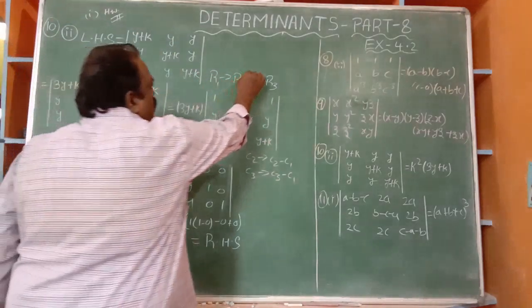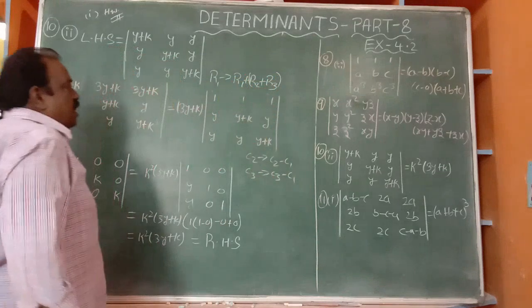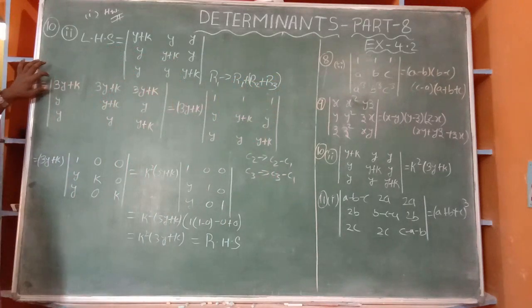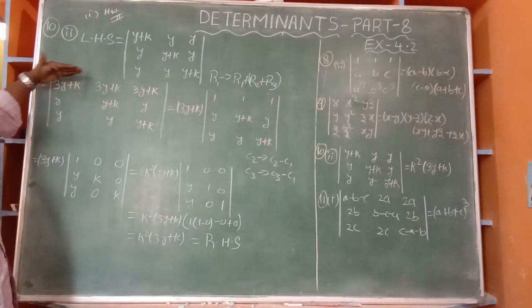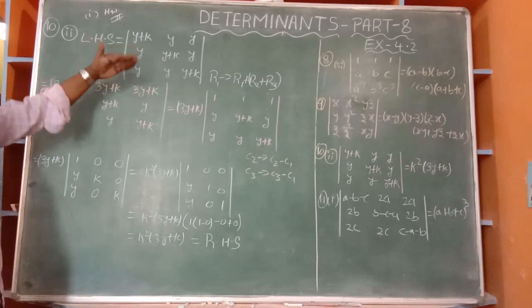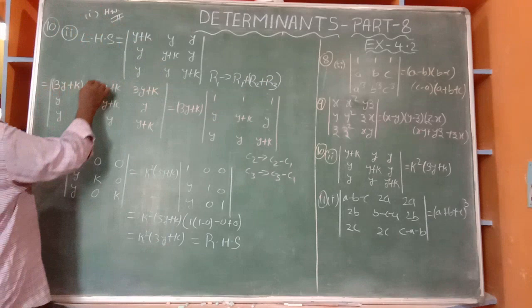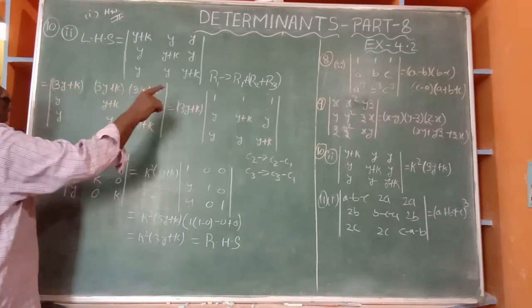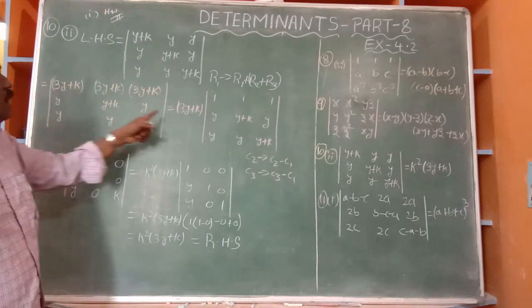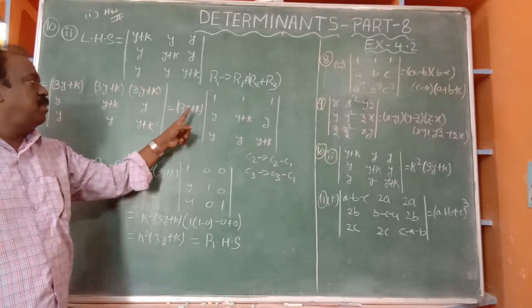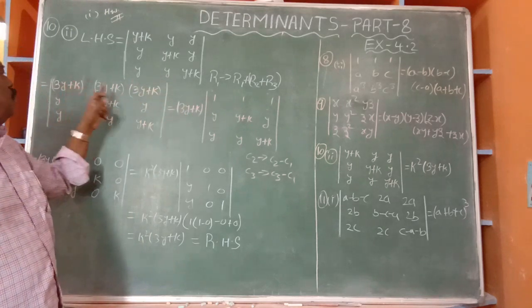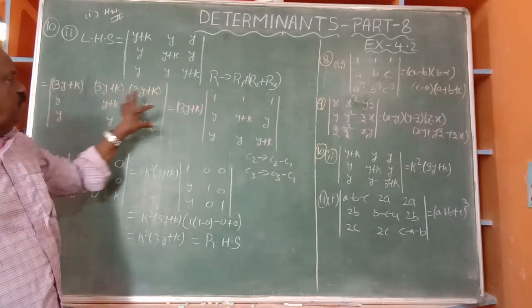So, as I already told, 3y plus k here, here also 3y plus k, here also 3y plus k. So 3y plus k is common in the first row. I took 3y plus k as common. Then the elements 1, 1, 1; these are as they are.